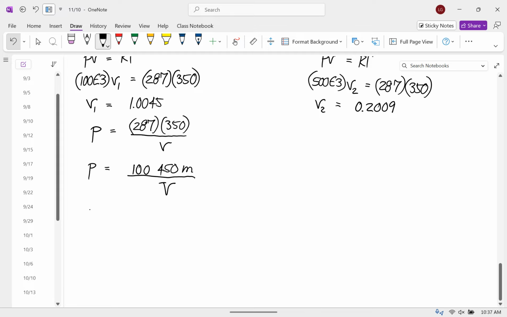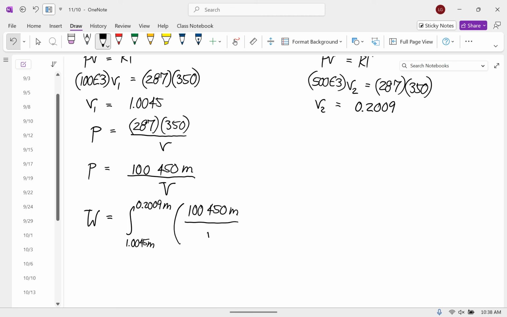And so the work is the integral from 1.0045 times the mass, that's the extensive volume at state 1, to 0.2009 times the mass. And it's the integral of 100,450 m divided by v dv.